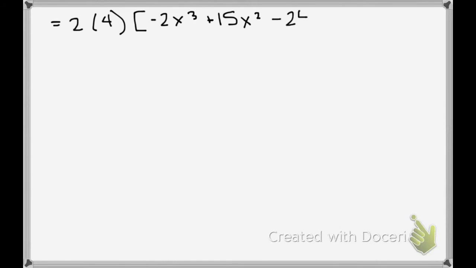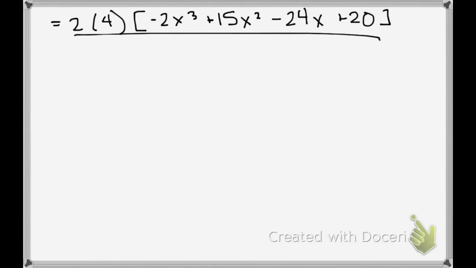Now what we can do from here is factor out a 4. So simplifying our function some more, it's going to be 2 times 4 times negative 2x cubed plus 15x squared minus 24x plus 20, all over our denominator, which is still x squared minus 4 cubed.